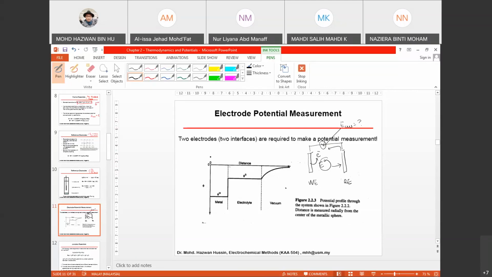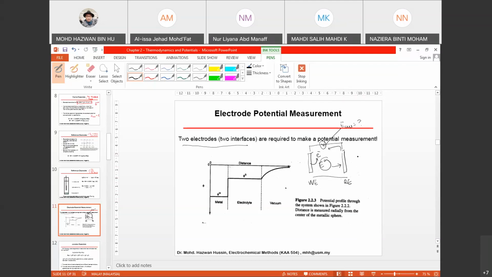As I said, the electrode potential occurs in the two interfaces. So what will be the interface? It's between the metal or working electrode and the reference electrode. In the environment you have electrolyte. So when you look at this profile, the phase angle, you will have some distance. This distance is related to how far you put your working electrode from the reference electrode.